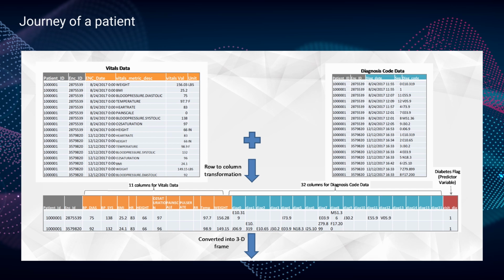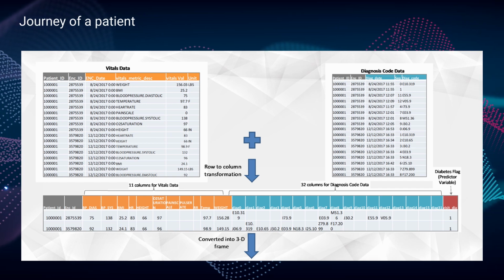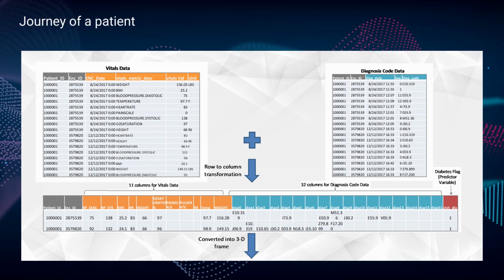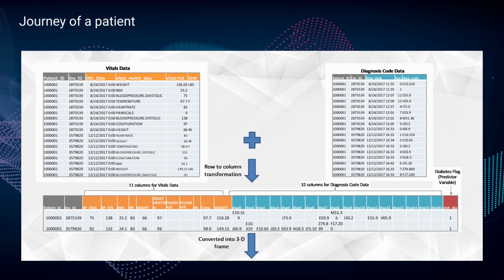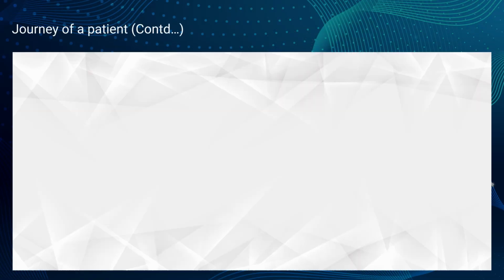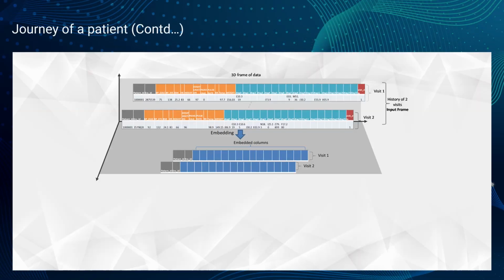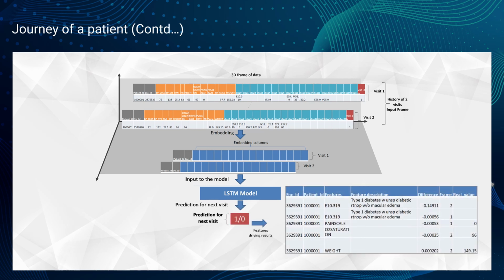Also, you would notice a last column in this dataset highlighted in red on the right-hand side, which provides an ability for us to say whether this visit was diabetes related or not. Once the frames for those 2 visits are set, we then look at the embedded features and input that into the LSTM model to predict the next visit.